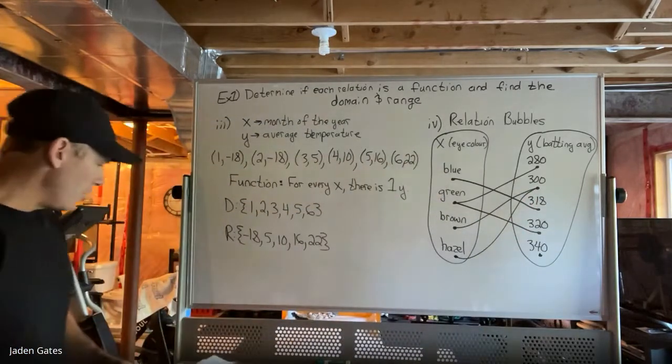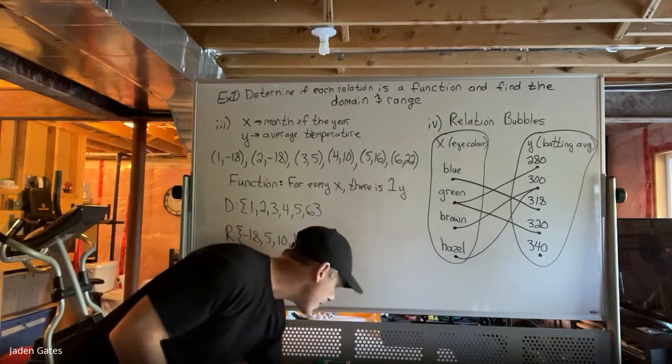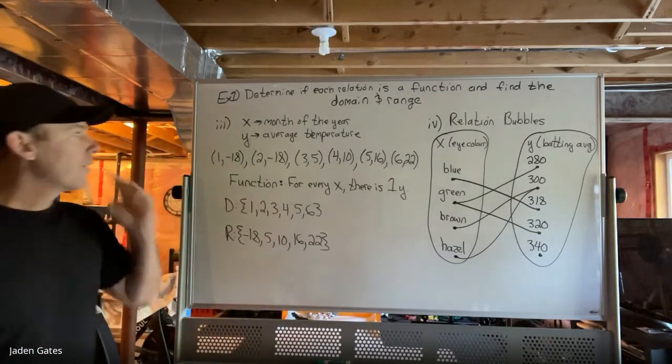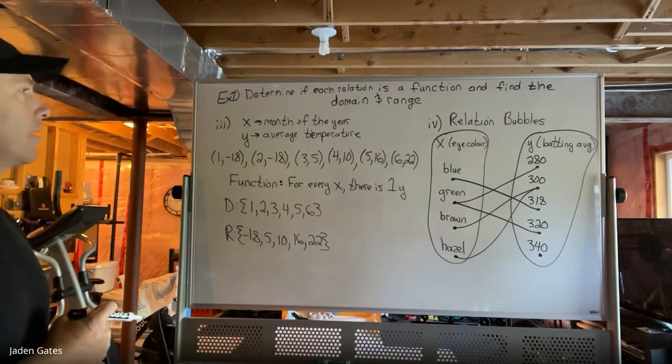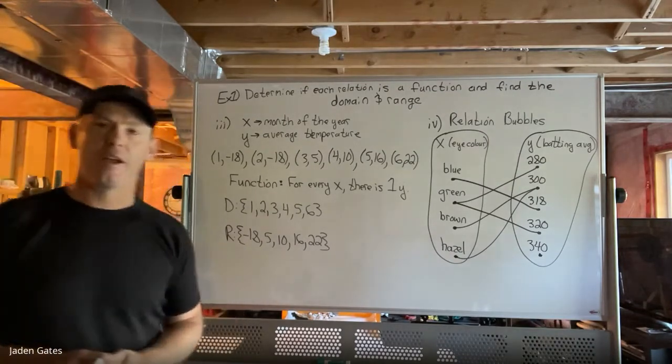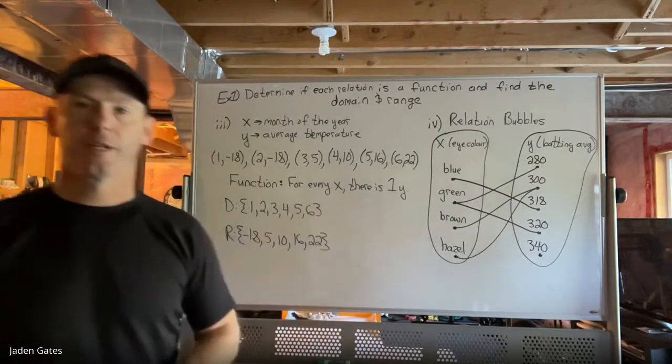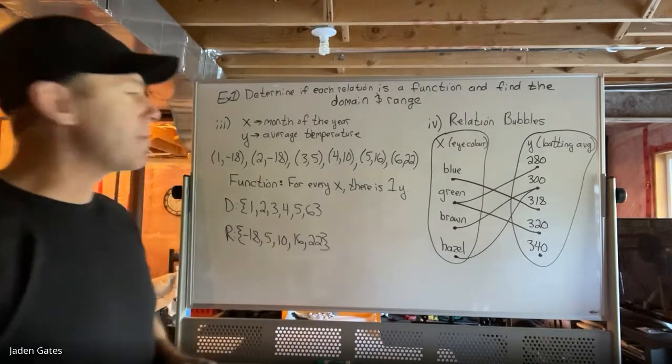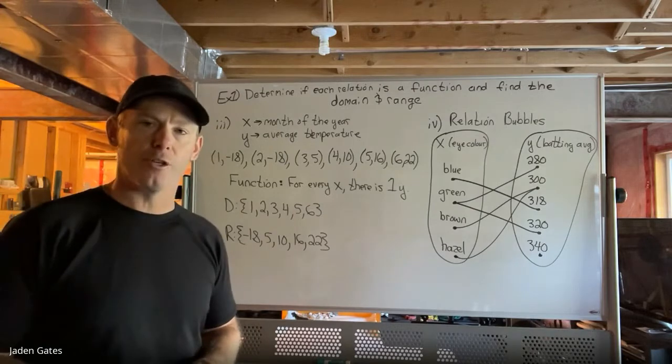There we go. Lines all over the place. Hopefully you got a good view of that. All right, so there we go. So the first thing, again, we want to do is determine whether this relationship between eye color and batting average is a function or not.